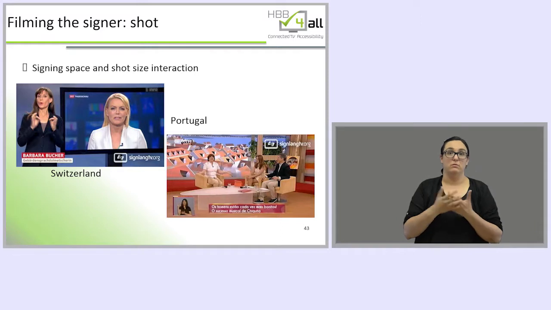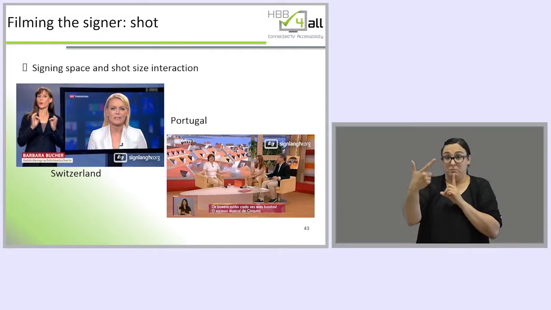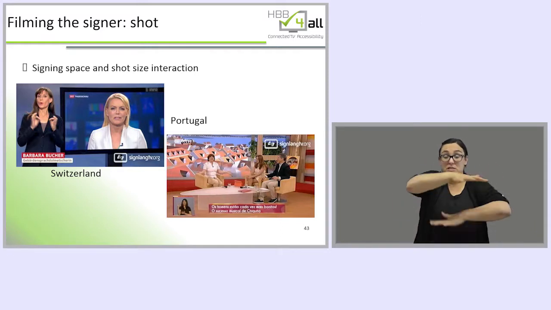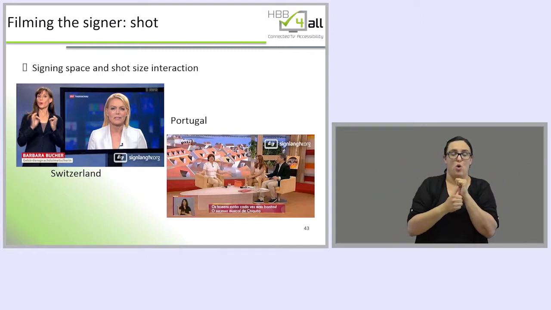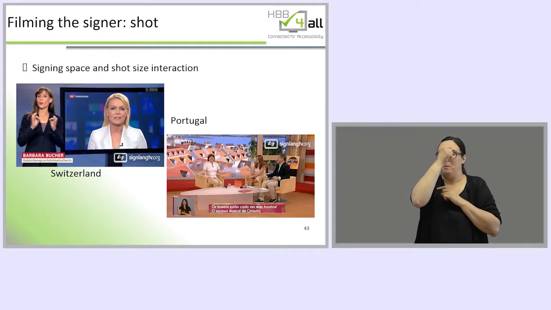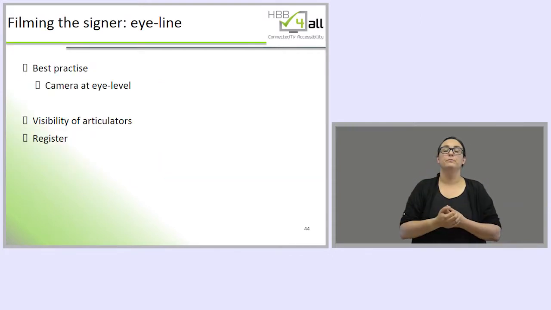Of course, using this shot restricts the signing space, but at least the hand shapes and the facial expressions can be discernible. Otherwise, it would be very difficult to discriminate an interpreter this small with a longer shot.